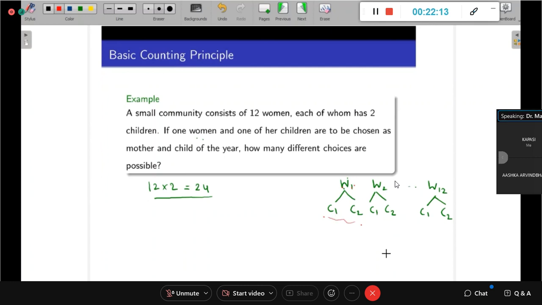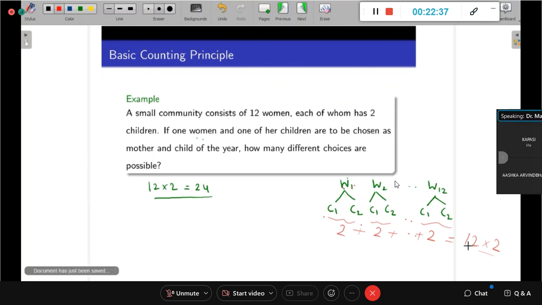Each one has 2 possibilities. Similarly, the next one also has 2 possibilities, and so on, the last one also has 2 possibilities. So you have this plus that and so on, and that will be 12 into 2.